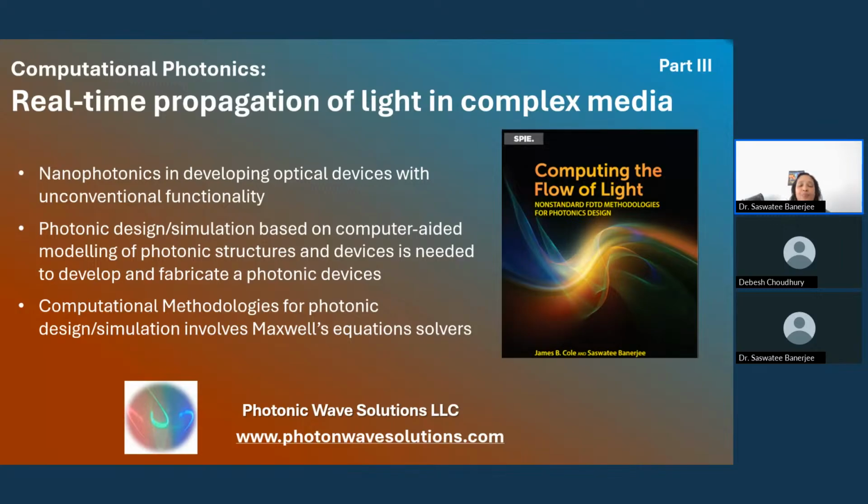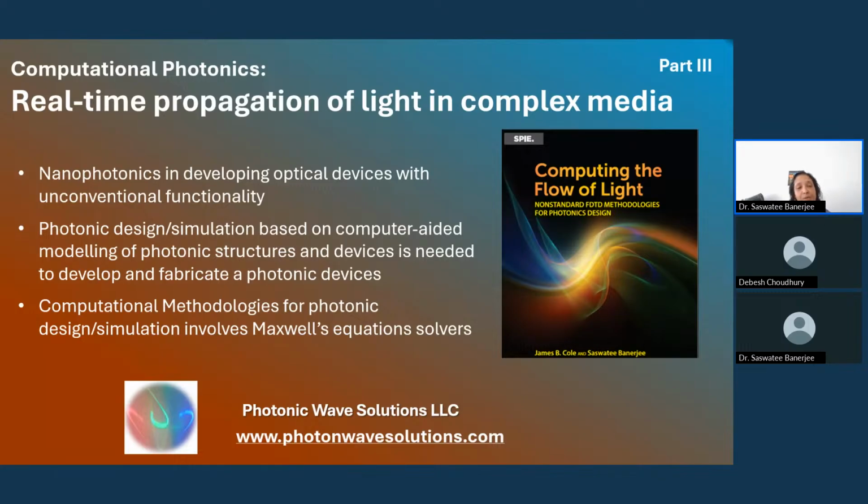As you heard from Professor Cole, more like the finite difference based methodologies, and some of these methodologies that we developed. I did actually use some of these methodologies to solve photonic device design problems.